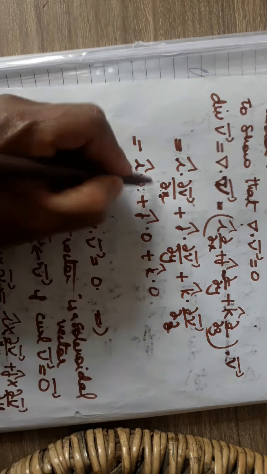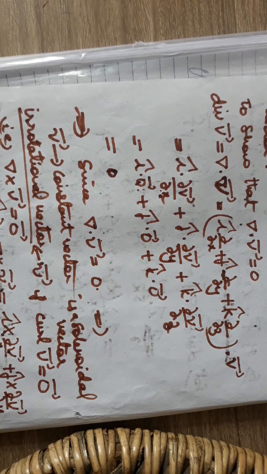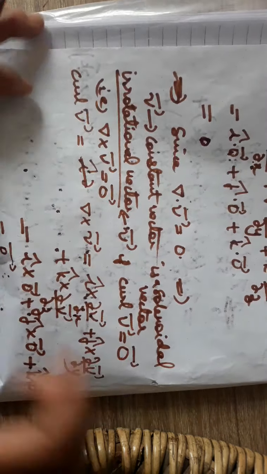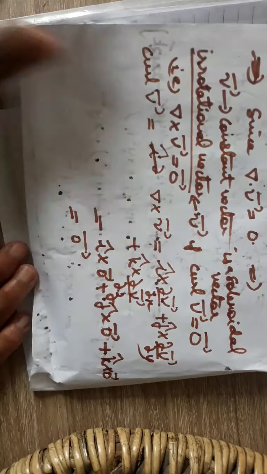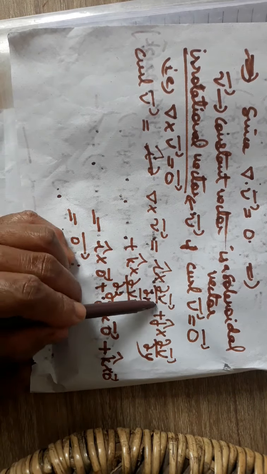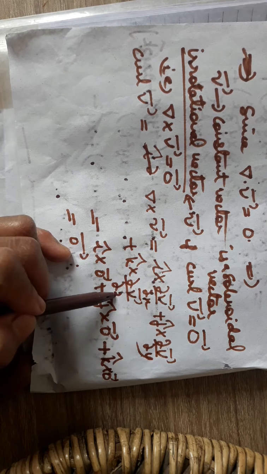Here it should be the 0 vector, because the scalar product of any vector will always be a scalar quantity, whereas here it is the cross product, which is a vector quantity.